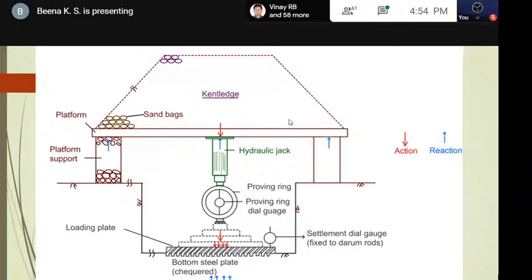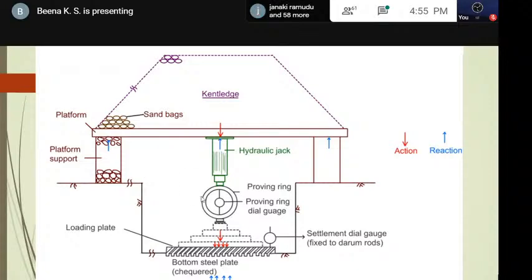So this is the arrangement. Both the loaded platform and the reaction truss can be considered as providing the necessary support for the jack to react against.